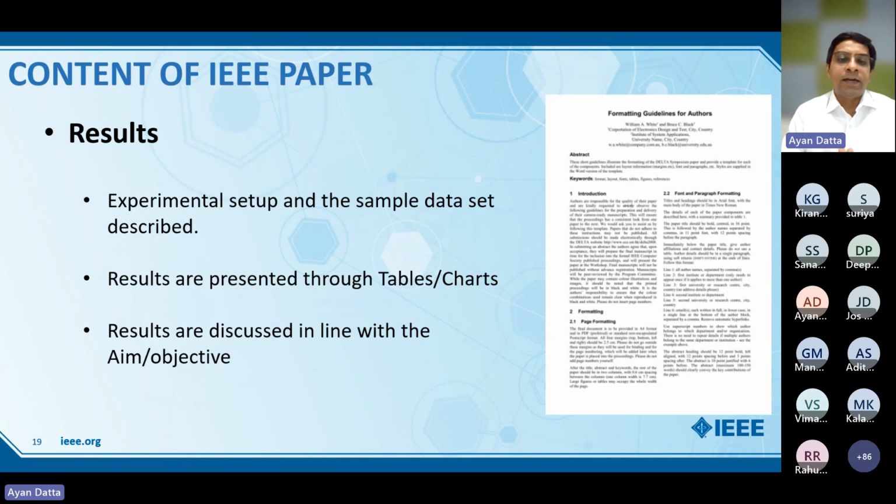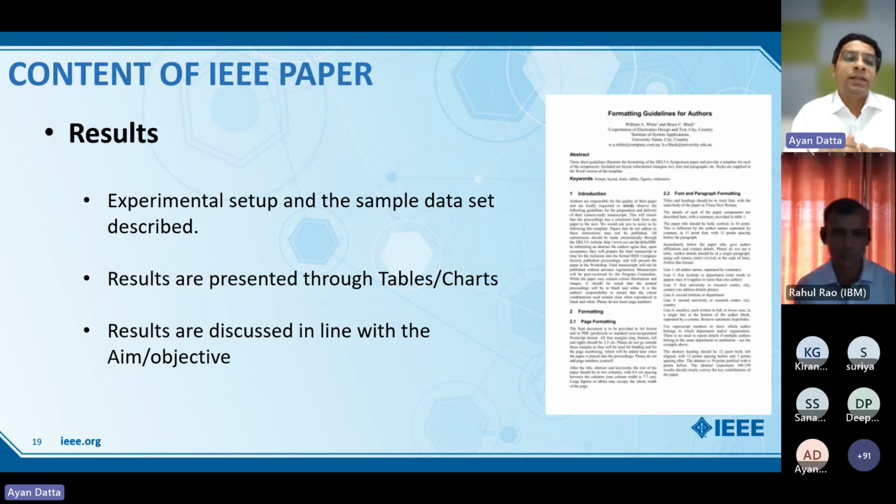Finally, again, results and charts need to be readable, very, very important. And the results need to be analyzed well, right? Extremely important that the analysis of the results is done in line with the aims and objectives, right? It should not be that here is a 10% improvement, there is a 5% degradation, and the result section ends. The author needs to put it in the context of the aim and objective of this research, and present it in a way that this 10% signifies that the aim we had at the beginning of the paper, we wanted to achieve this, and this shows that this is achieved, right?